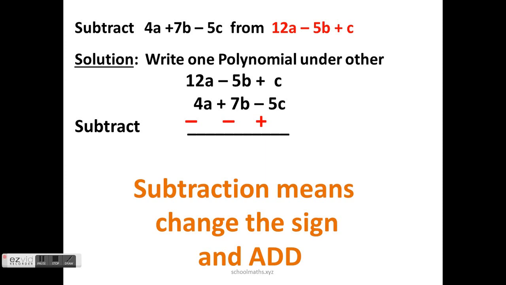Now we have to add. 12a minus 4a, 8a. Minus 5b minus 7b is minus 12b. Both are having the same sign, we have to add. c means 1c, plus 1c plus 5c, 6c. 8a minus 12b plus 6c. That is the answer.